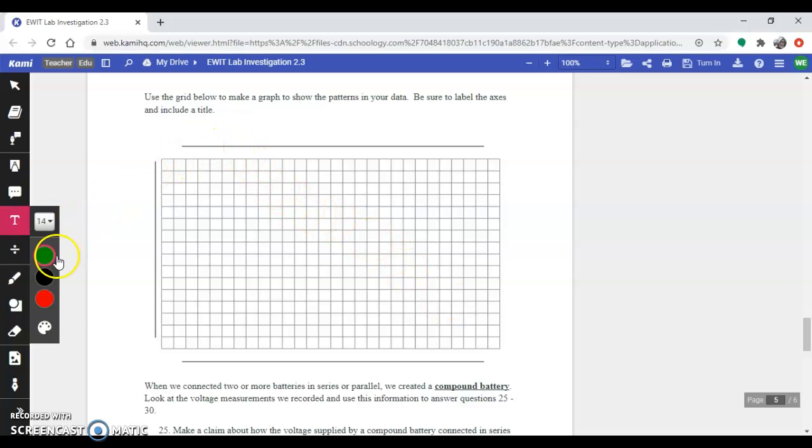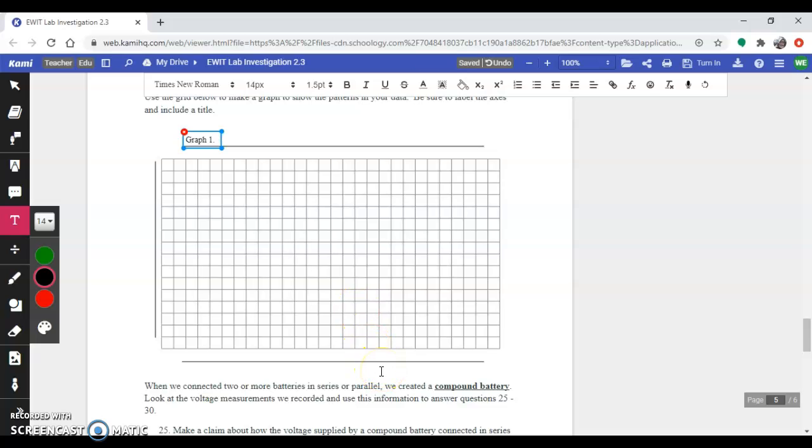So we're going to name this graph. So it's graph 1. Let me move this up a little. So graph 1, and we need to include both of our axes when we're naming our graph. So in this case, the independent variable that we had was the number of batteries.